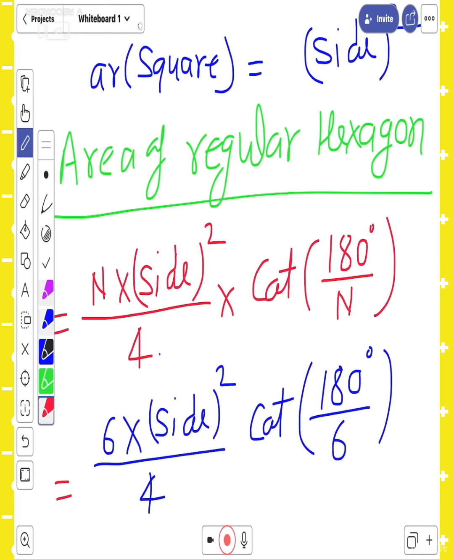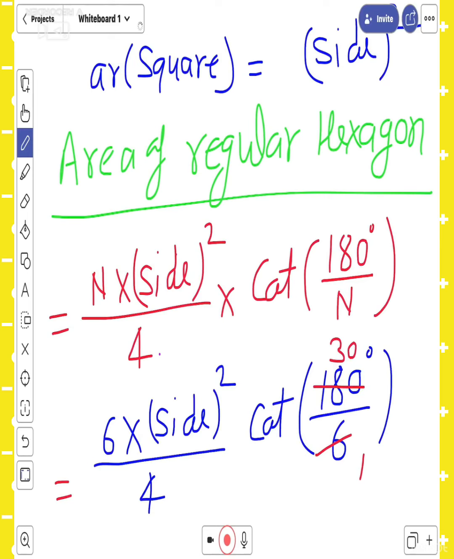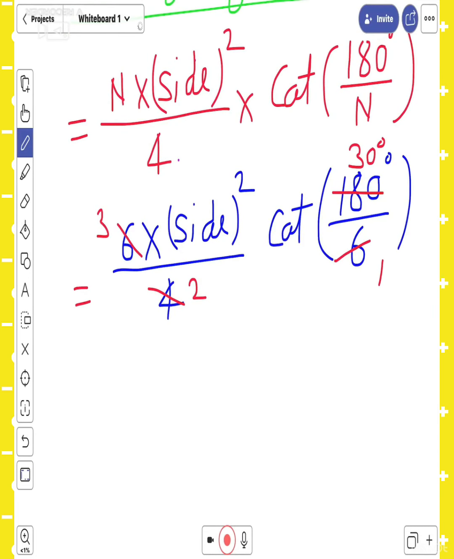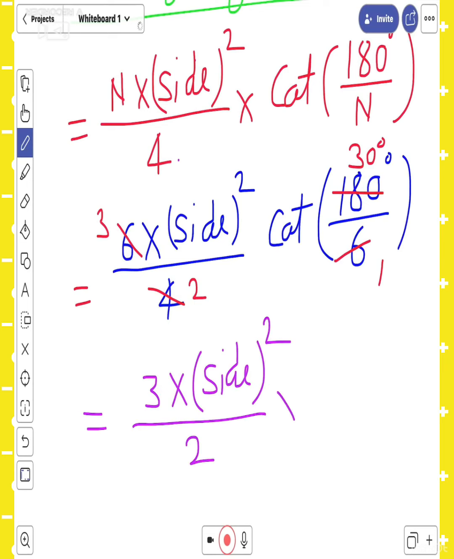You can cancel it out, that is 6 1 ja 6, 6 3 ja 18, so 30 degree, and you can cancel out this, 2 3 ja 6 and 2 2 ja 4. So what is remaining here? Here you will get 3 into side square divided by 2, and you know cot 30 degree.